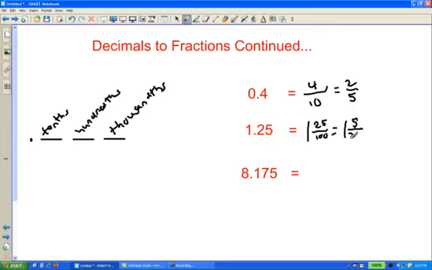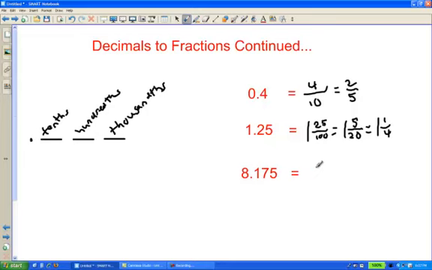It'll be 20. And I still have both of these numbers. This is 5 and this is 20. The GCF for these numbers is still going to be 5. So I could actually write 5 divided by 5 is 1, and then 20 divided by 5 is 4. And that makes sense, right? If we have 25 cents, that's 1/4 of a dollar. So 1 1/4 is what we end up with in the end.